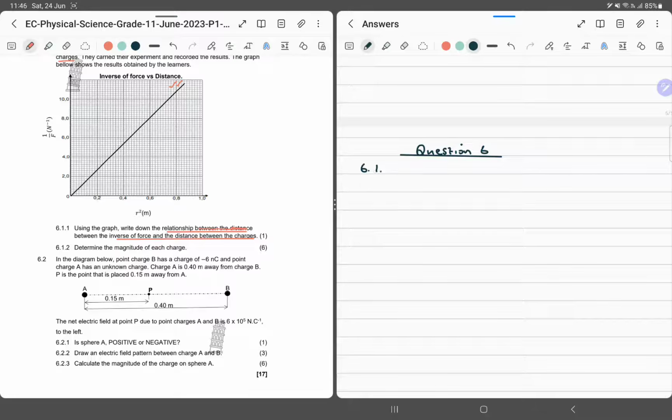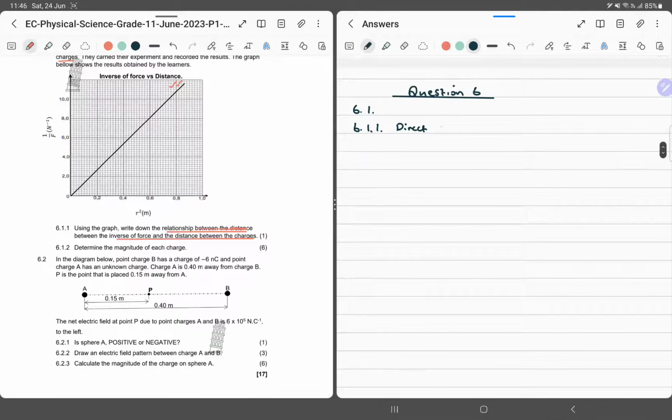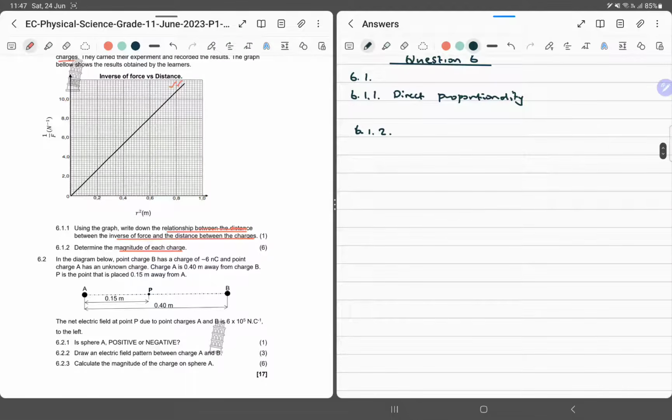So we've got 6.1, 6.1.1. We know that this is the direct proportionality. Okay, that's the direct proportionality. And then we've got 6.1.2. It says determine the magnitude of charge in each sphere. So we've got to work out some things.